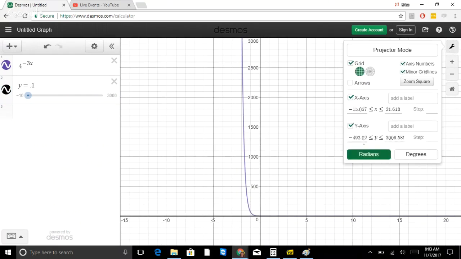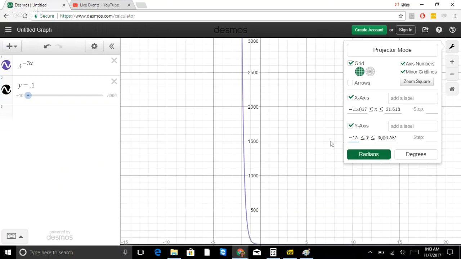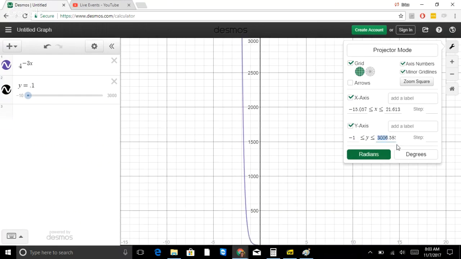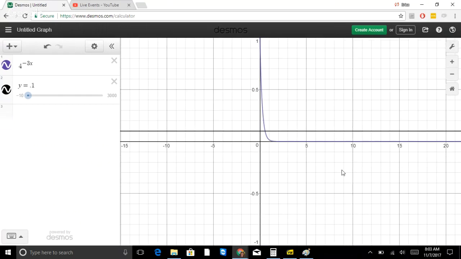Now y goes from negative 1 to positive 1. There we go. All right, let's check this out. And they intersect when x equals 0.554. And that's what we solved.